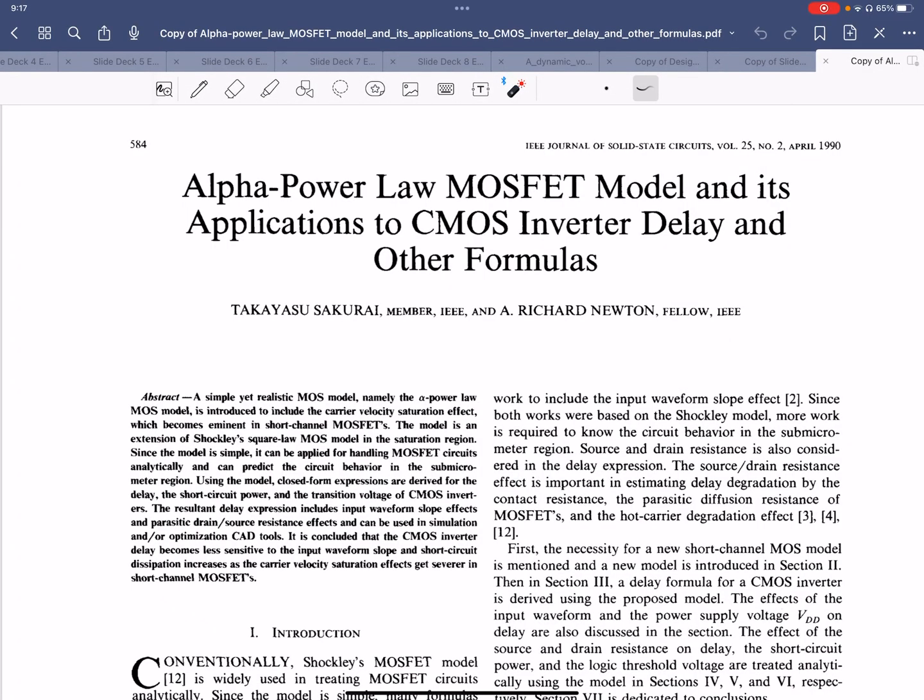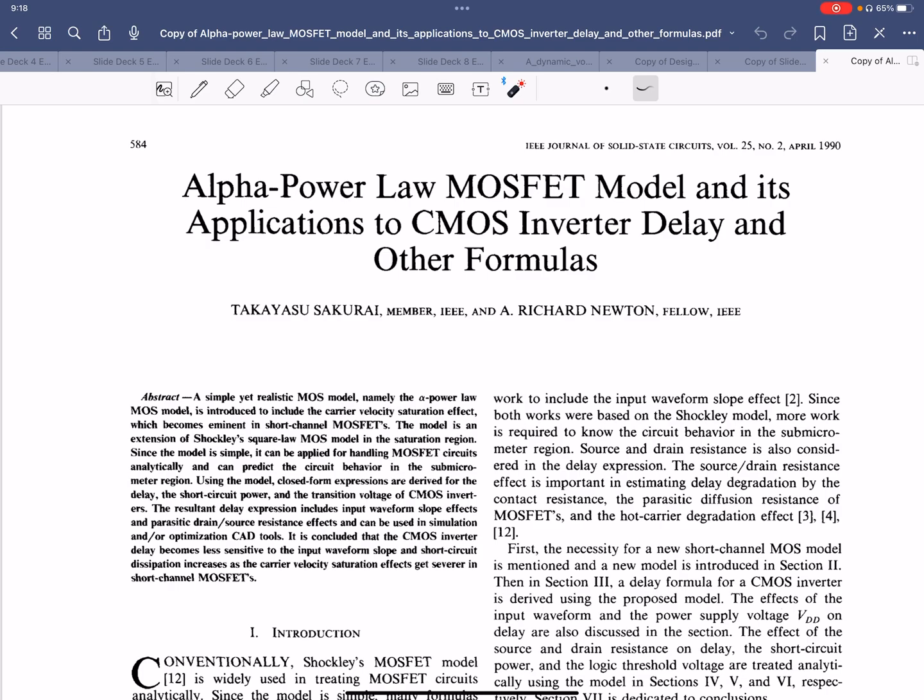Okay, so hopefully before you watch this video, you would have seen the earlier video about high electric fields and the effect they have on mobility degradation and the performance of short channel effects.